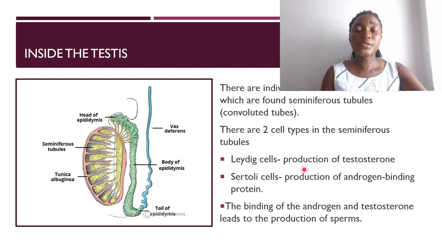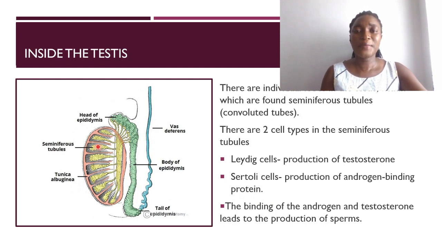The Leydig cells are responsible for production of testosterone, and the Sertoli cells are responsible for production of androgen binding protein. When their products combine, that is the testosterone and the androgen binding protein, they form the sperms. So they are responsible for the production of sperms when what they produce join together. All this is happening in the seminiferous tubules.